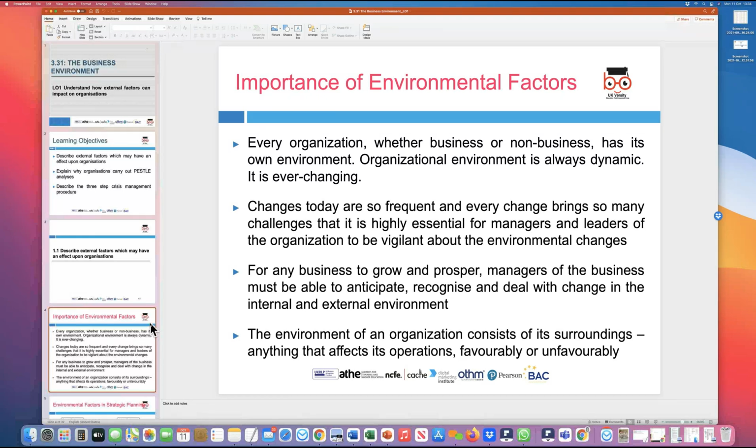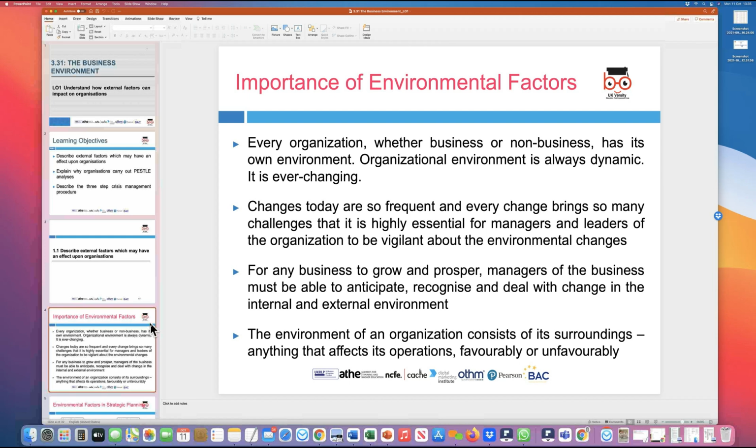Now that created a bit of a worry in the markets, because goods which normally would reach by sea freight in a certain number of days were delayed because of this particular ship being stuck and not allowing passage to other vessels through that narrow strait called the Suez Canal. Now, when that happens, this is an external factor which affects a lot of businesses.